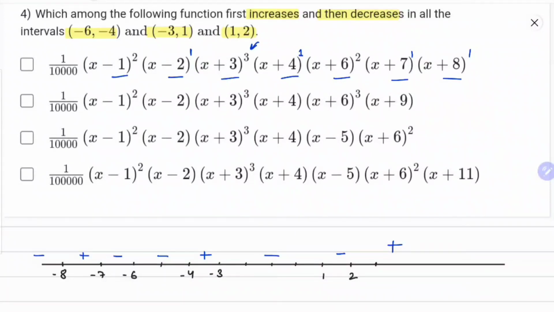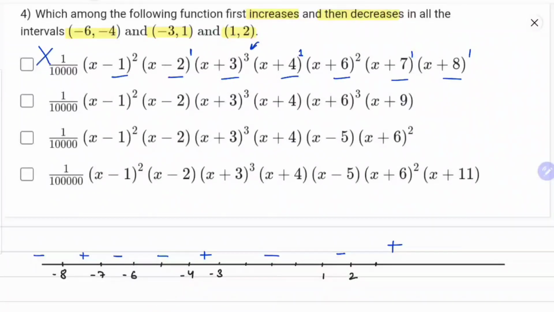We know that the graph is turning if it is going from positive to negative or negative to positive. Now we have to check in interval minus 6 to minus 4. Between minus 6 to minus 4 the graph is negative, so the graph must be like this, that it is negative and it is going to be positive. So it is first decreasing then increasing, so this one won't be the answer from the first check only.